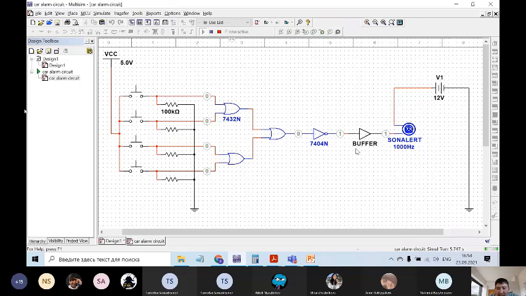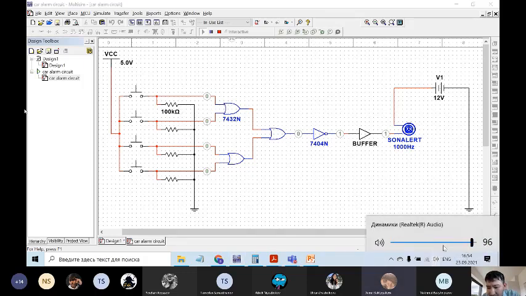Then I use a buffer. Why am I using a buffer? Do you have some idea? Do not worry if you're wrong, you can just guess.